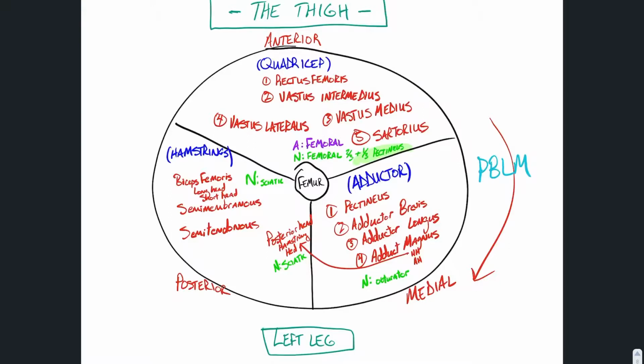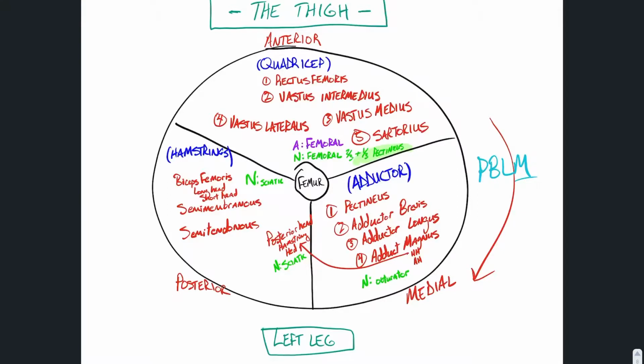We're going from inner to outer. That's just the way I chose to do it. So then we have the B, the adductor brevis, the adductor longus, B, B, L. And if you were going to guess what M was, you would say adductor magnus.